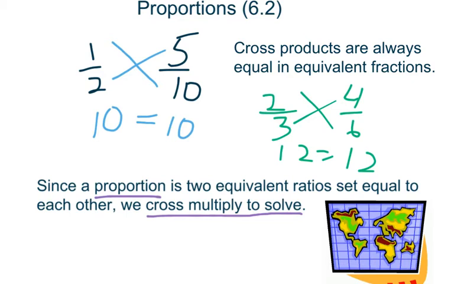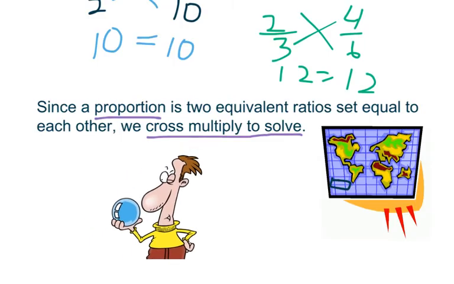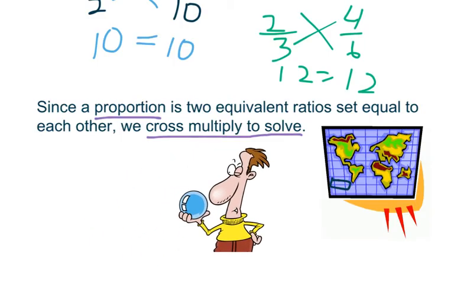There's normally a scale somewhere on a map that tells you maybe the distance in centimeters equals so many kilometers or miles. That means you can use a proportion to find out the real distance. They can also act like a crystal ball, meaning if you know a particular rate and you want to find out what the rate would be after a longer amount of time, you can just use a proportion.